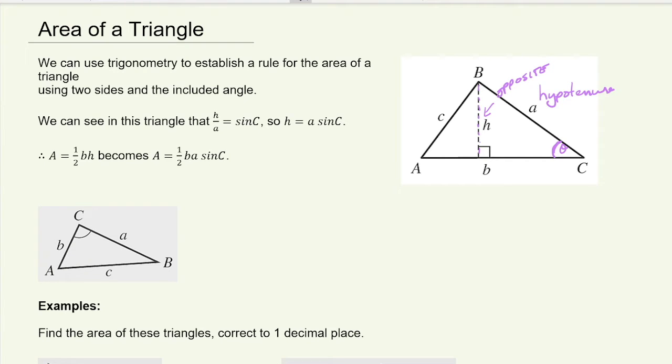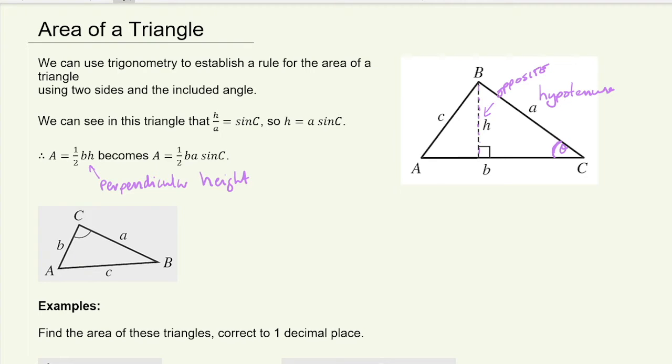So that makes H worth A sine C. So for our vertical height, or our perpendicular height, then becomes A sine C. So you can see that happening there.